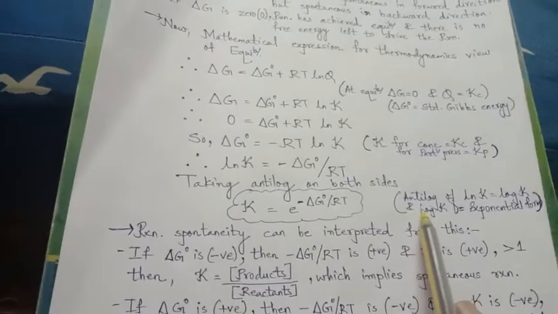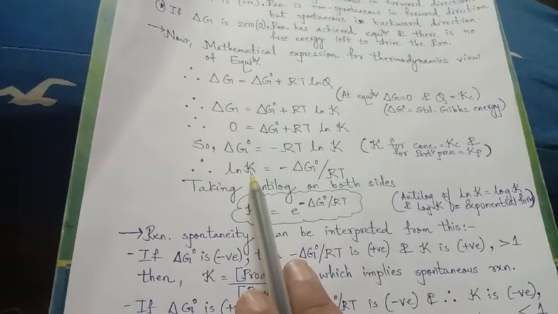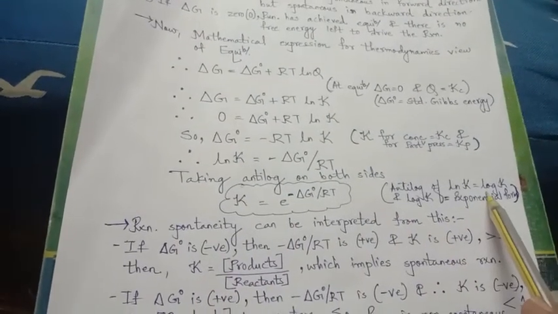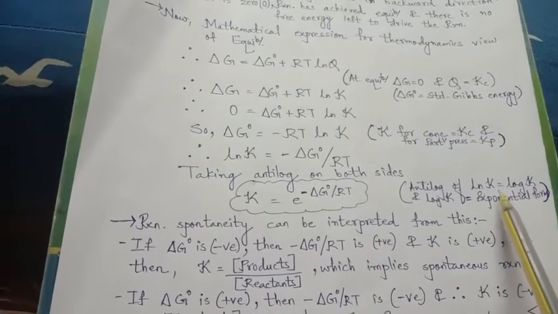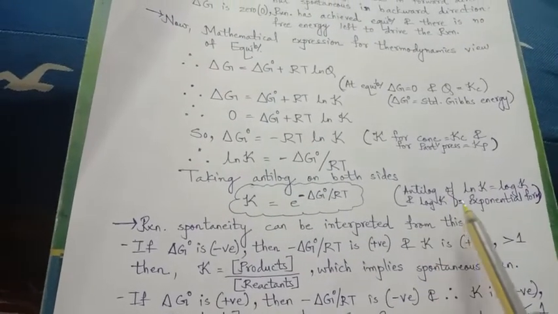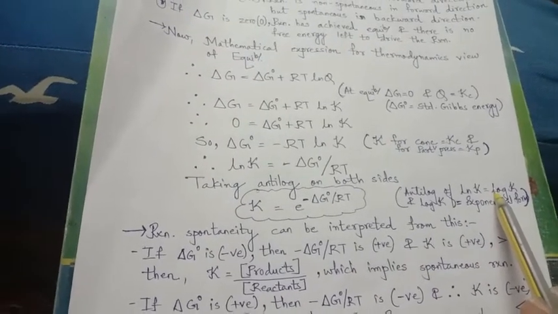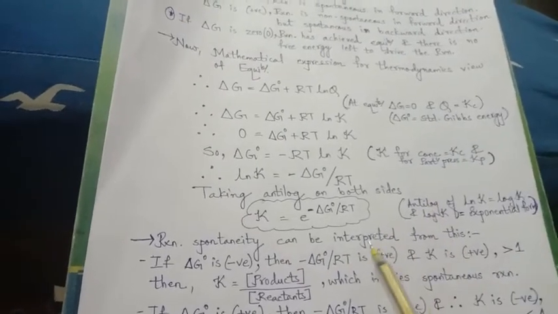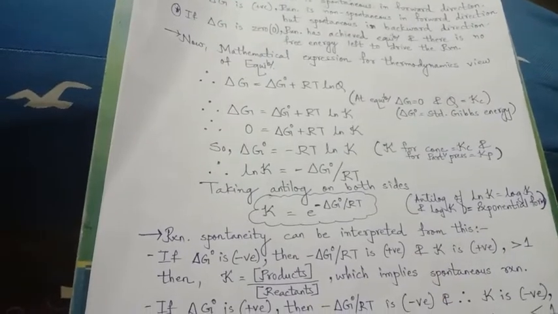Antilog of ln K, this is natural logarithm, is equal to K. And if the log expression is to be cancelled, then the value is written in the exponential form. Log of x to the base a is written as a raised to x.